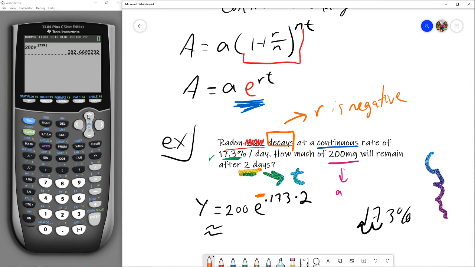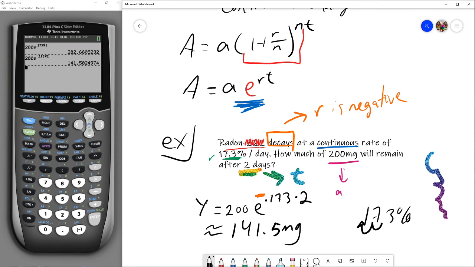Now, good news is, with a calculator like this one, we can use the up arrow, hit enter, and edit it. I'm going to hit second and then insert, and put a negative in there. Enter. There we go. So we will have about 141.5 milligrams after 2 days, so almost 60 milligrams decayed.